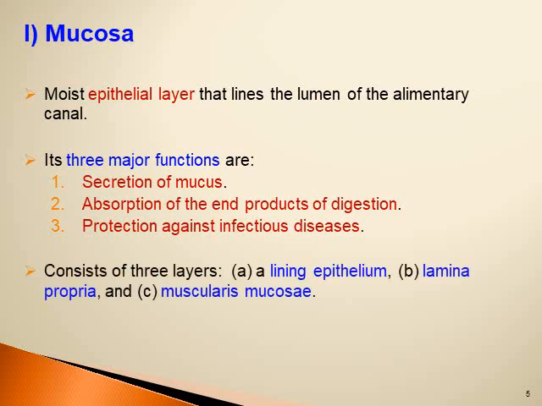It consists of three layers: lining epithelium, a lamina propria, and a thin layer of smooth muscle called the muscularis mucosae.